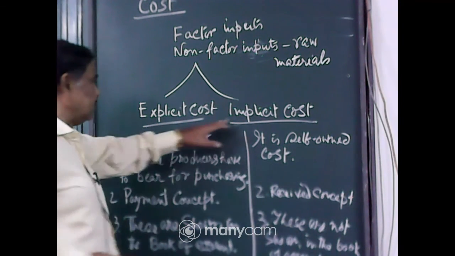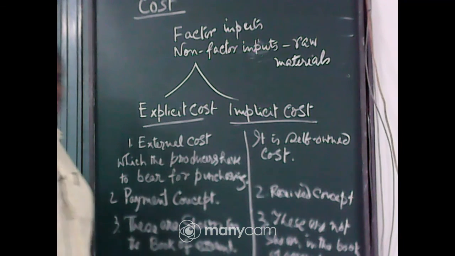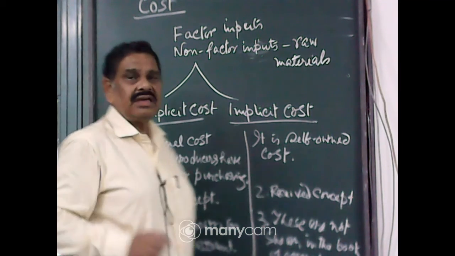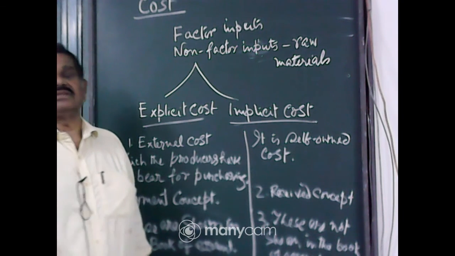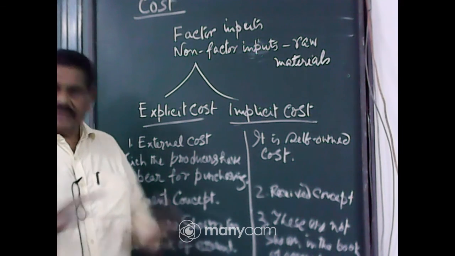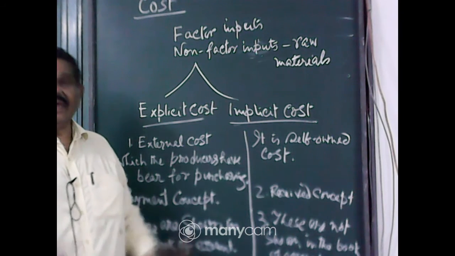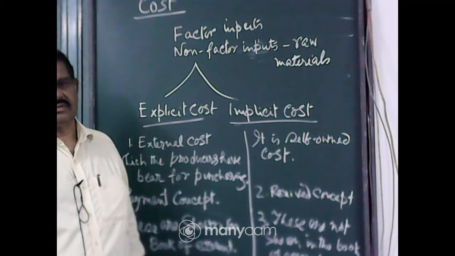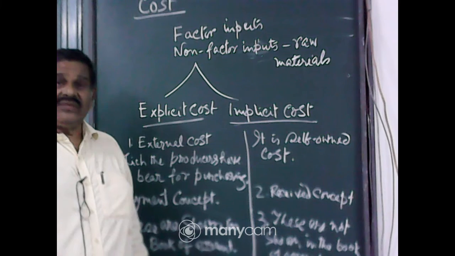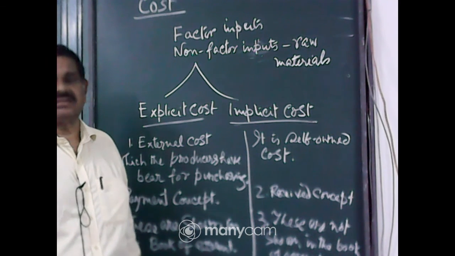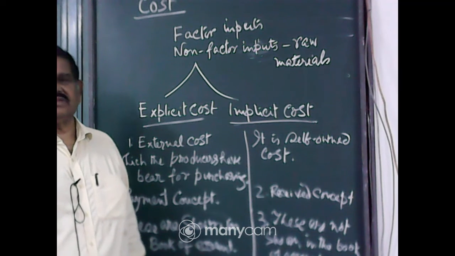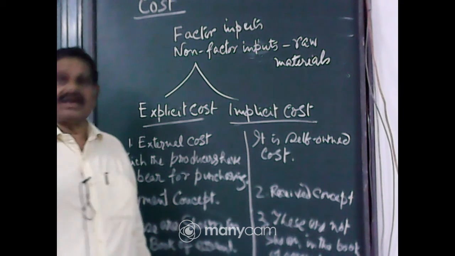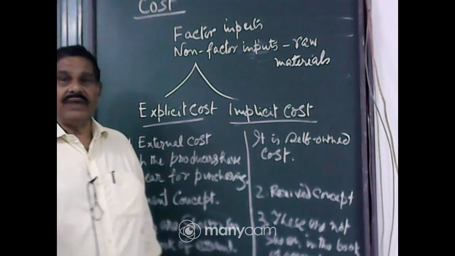Suppose, for implicit cost, a producer uses his own building for production purposes, so he does not have to pay any rent for that. But if he would lend it to others to do business, instead of doing business by himself, he would get some rent. He would receive some cash.